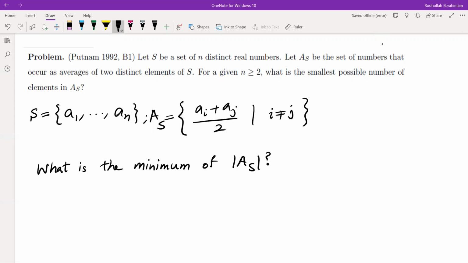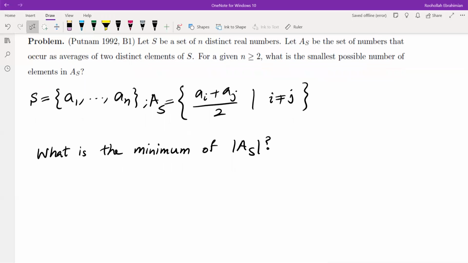Then we'll have to show every such set A sub S has at least n elements. And then we'll have to come up with an example of a set of n elements so that the averages are all n. So that's what we need to do.